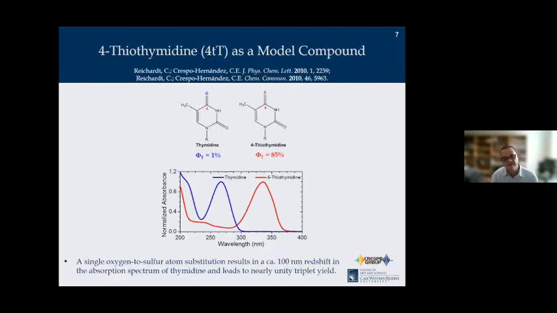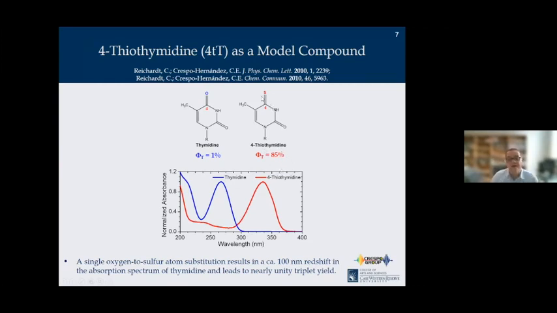So now, what we have tried to do. We have been studying the photochemistry of thiobases for more than 10 years. I will not be talking about that today, but in some of those experiments we learned that 4-thiothymidine, which is just a single atom substitution of an oxygen atom of thymine, not only absorbs almost 100 nanometers to the red, but it also increased the yield of triplet state population by almost 85%.